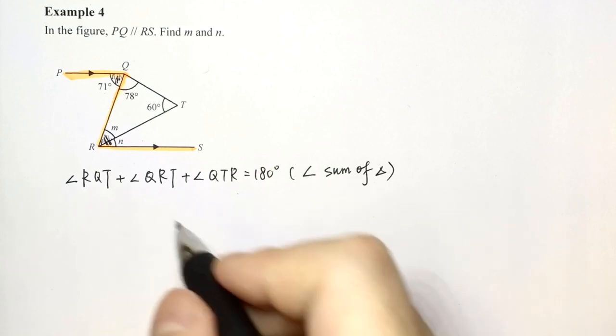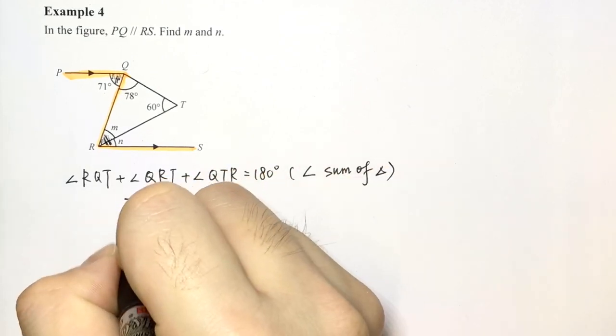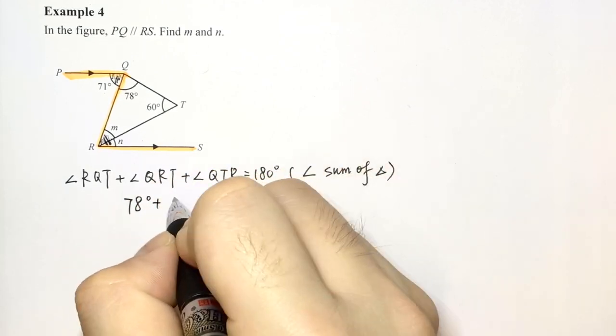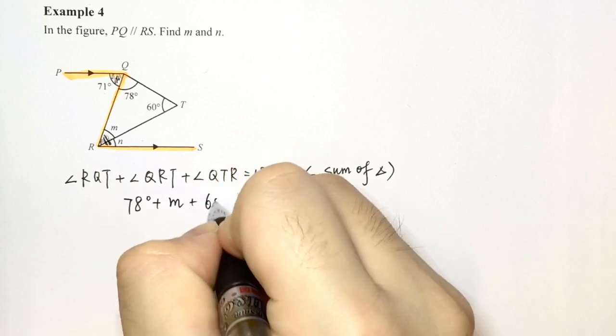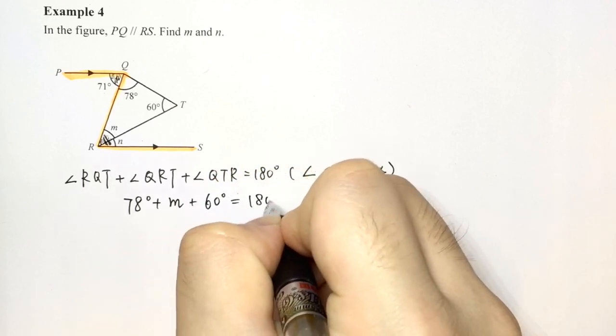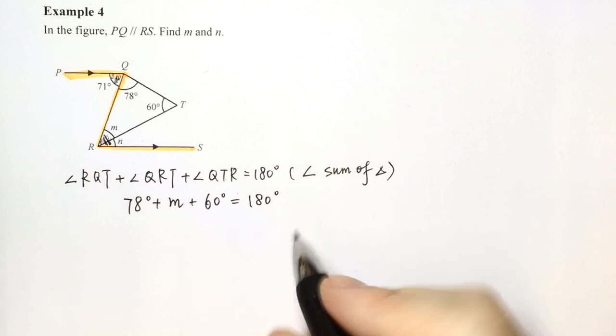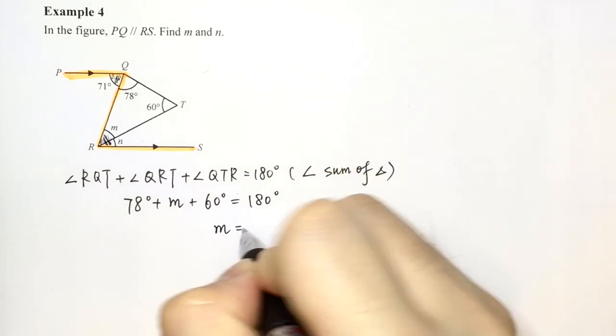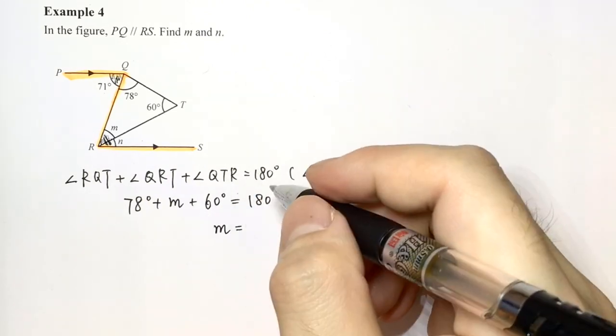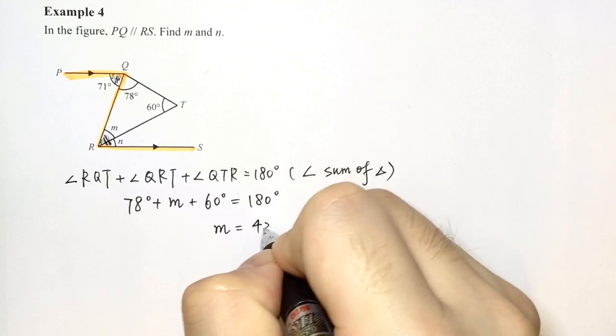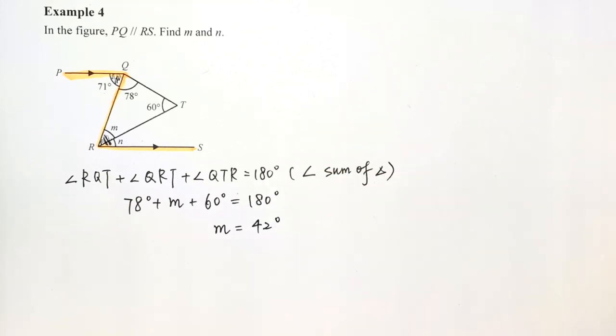And then RQT is 78, QRT is M and 60, so we can find M. Here's 138, so 42 here. So M is 42.